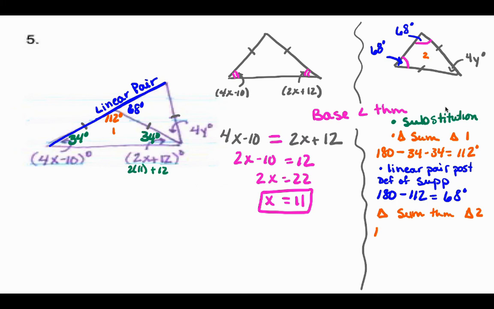So 68 plus 68 plus 4y will equal 180. So this is 136 plus 4y equals 180. 4y is going to equal 44, and our y is equal to 11.